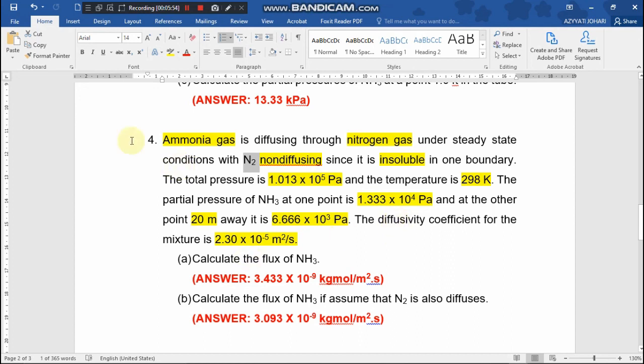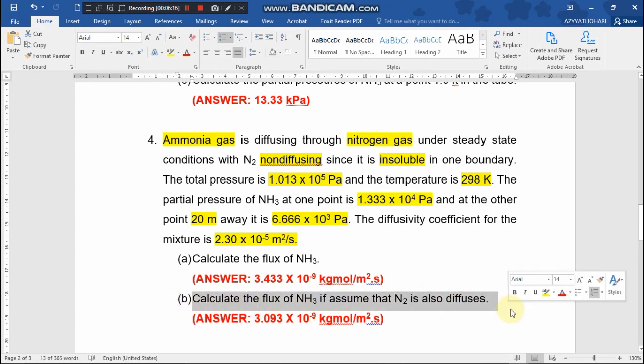Right. So for question 4B, they ask you to calculate flux for A, if we assume that N2 also diffuses. For this case study, N2 is non-diffusing, but for 4B, when we assume N2 diffuses into NH3, the situation changes from one component diffusion to equimolar counter diffusion, because both components can diffuse into one another. So we may no longer use the second equation to calculate flux, because the case has changed from one component diffusion to equimolar counter diffusion.